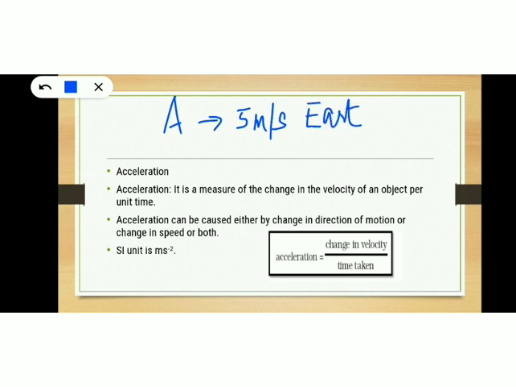Now consider the same object A moving with the same velocity, 5 meter per second, towards west. So will there be any acceleration now? Yes, because initially the object was traveling with a velocity of 5 meter per second towards east, but finally the object is traveling with a velocity of 5 meter per second towards west.